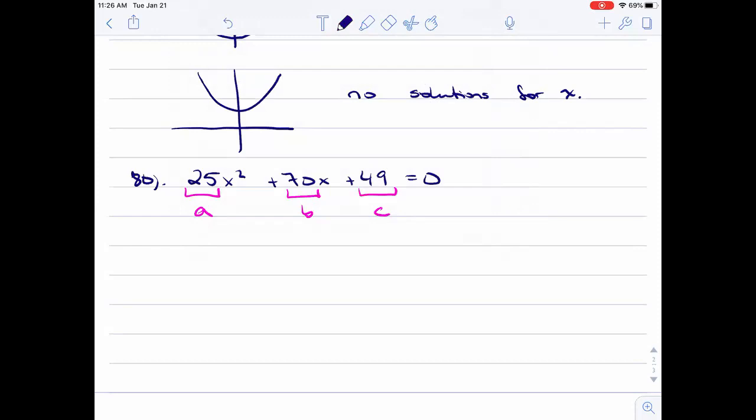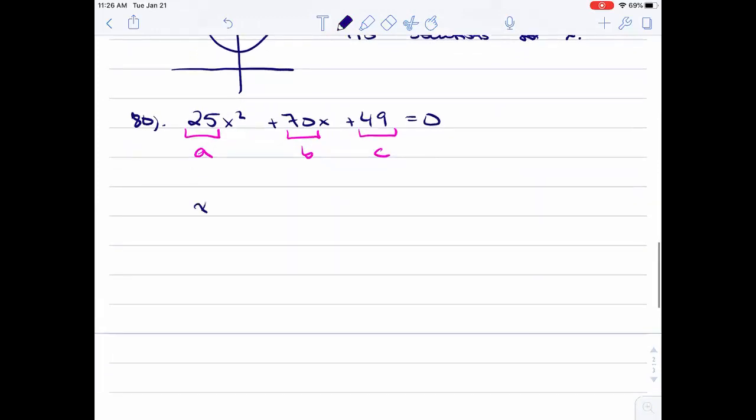Which means that I can write x equals, and I'm going to write out my usual equation. Negative b, sorry. Negative b plus minus the square root of b squared minus 4ac over 2a.